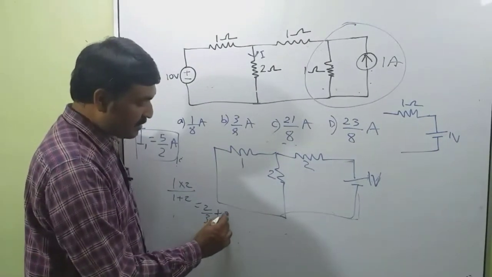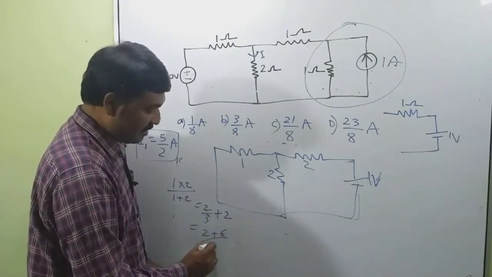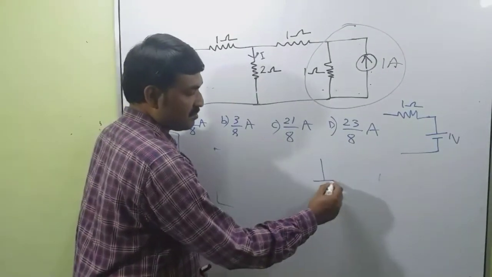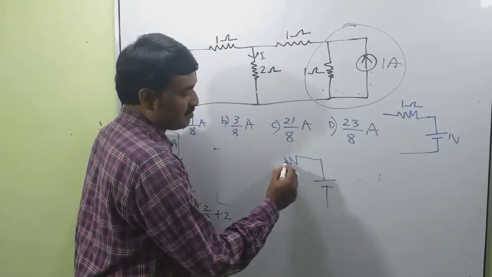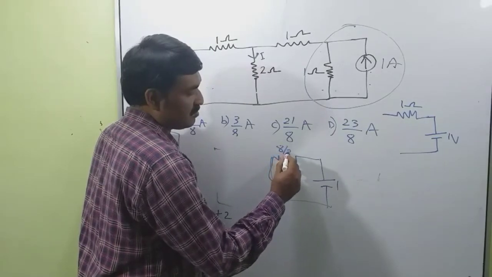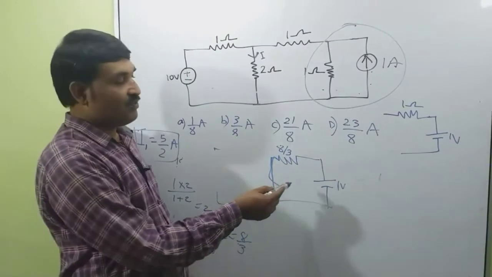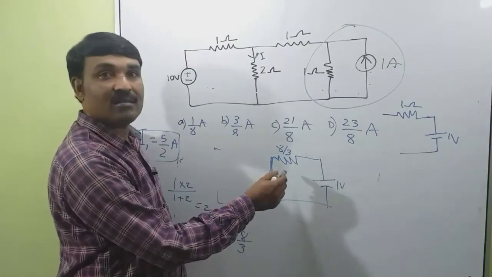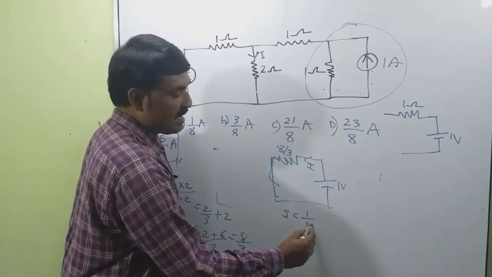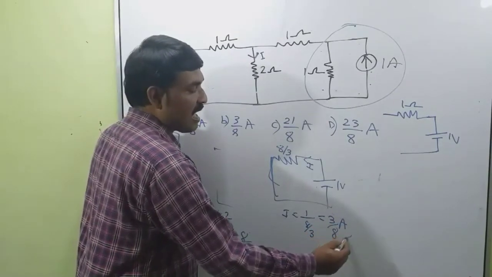So 2 by 3 plus 2, that is equal to 2 plus 6 by 3, which is 8 by 3. So the circuit is reduced to a 1 volt source with an 8 by 3 ohm resistance. This is I. So I is equal to 1 divided by 8 by 3, that is equal to 3 by 8 ampere.